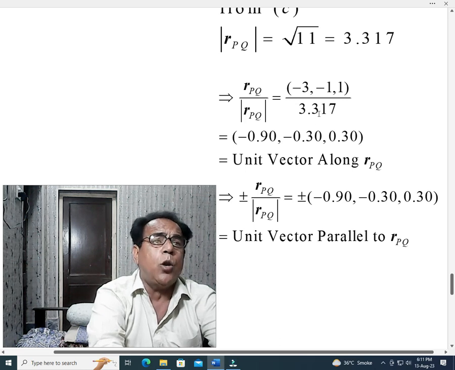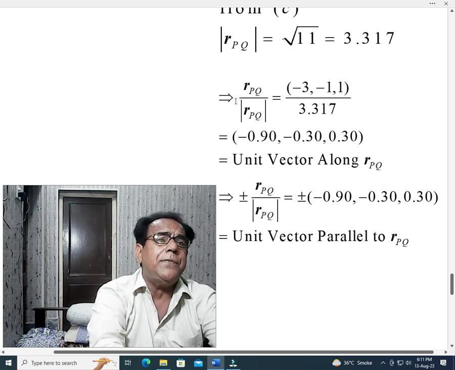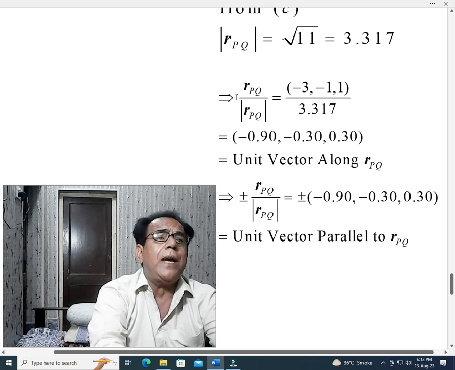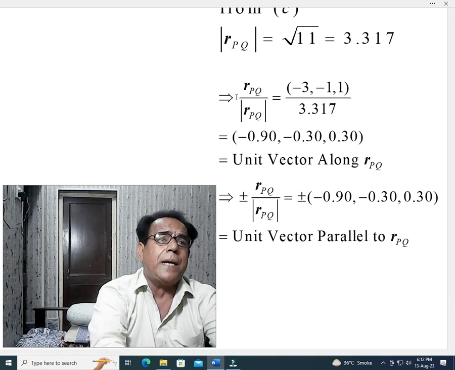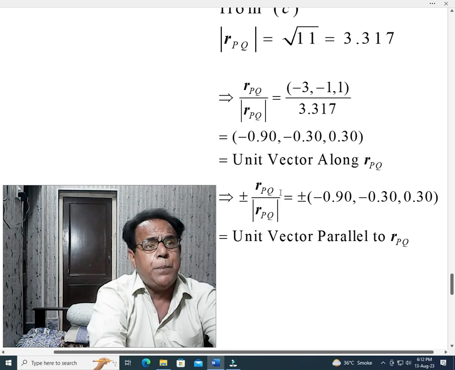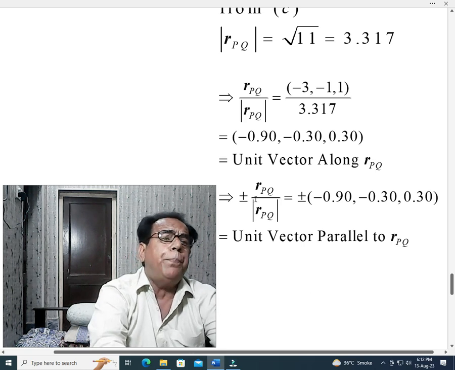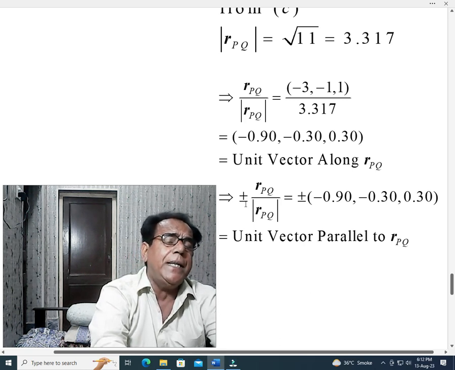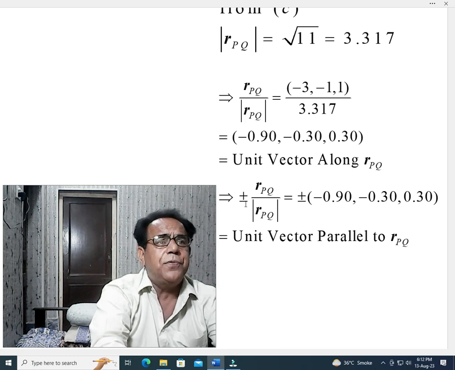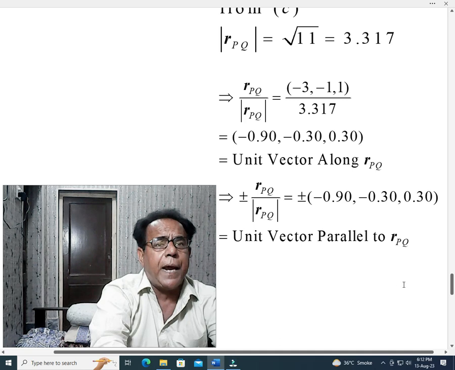In along there is no sign, which means there is only a plus sign, because when there is no sign it means plus. But here, because we are considering the parallel situation, both plus and minus signs will be taken into consideration, because a parallel vector and an along vector have this difference. So this is a unit vector parallel to RPQ.